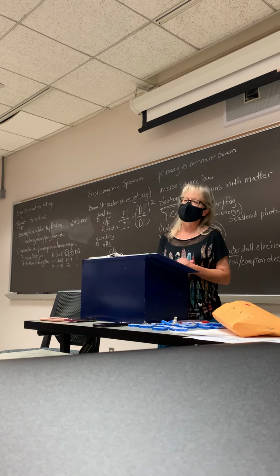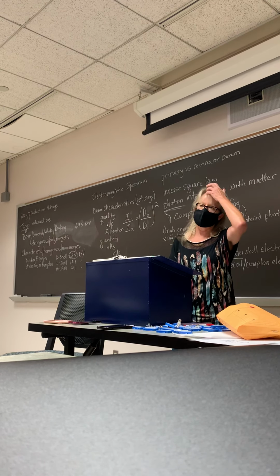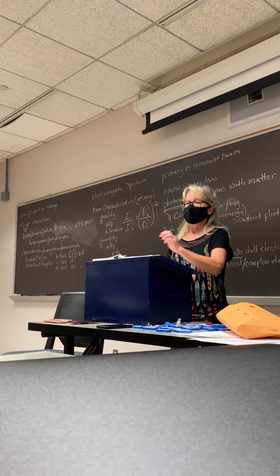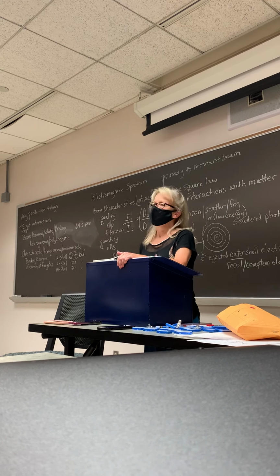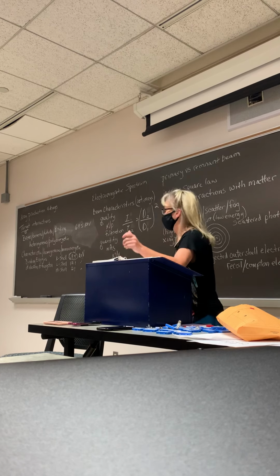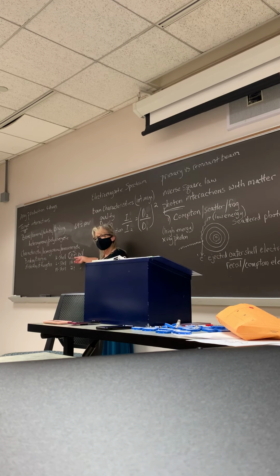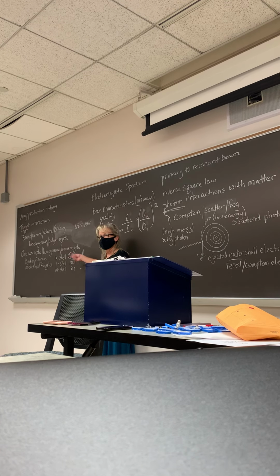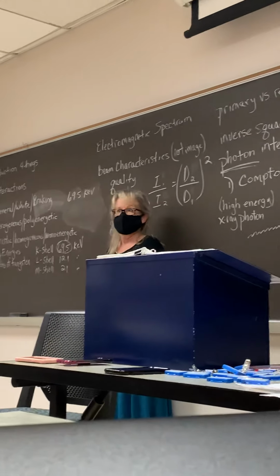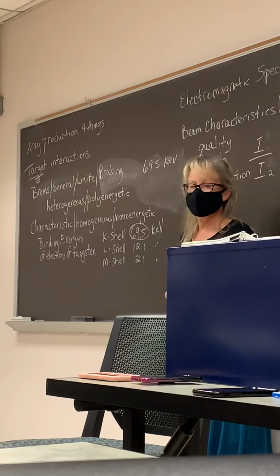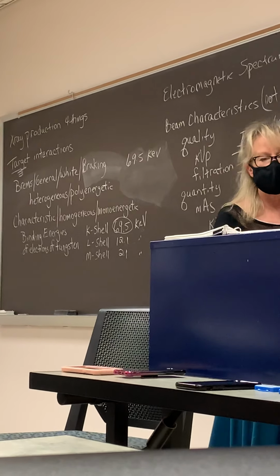Brems can occur at any kVp you set. Characteristic has to be above 70 kVp. That electron has to have enough energy to knock out the K shell, which is counted at 69.5. But at 100 kVp, only 10 to 20% is characteristic. Very discrete, that's why some books call it discrete.